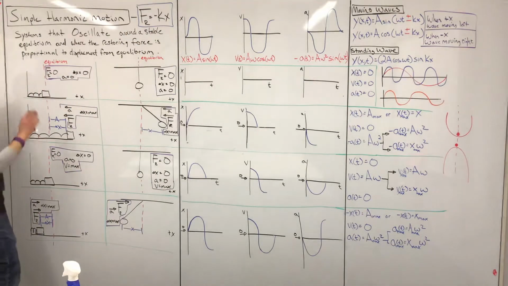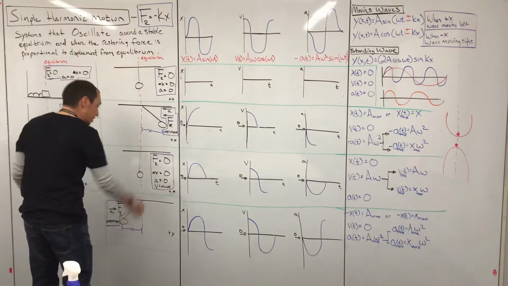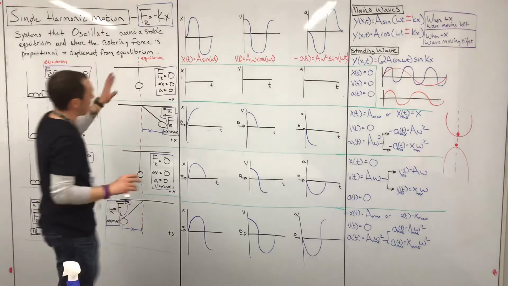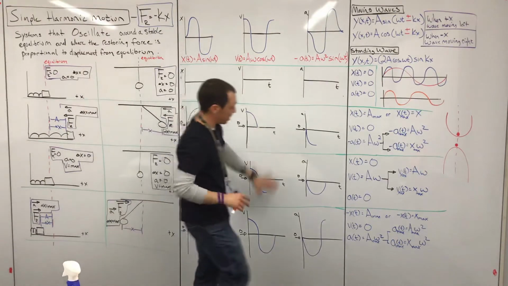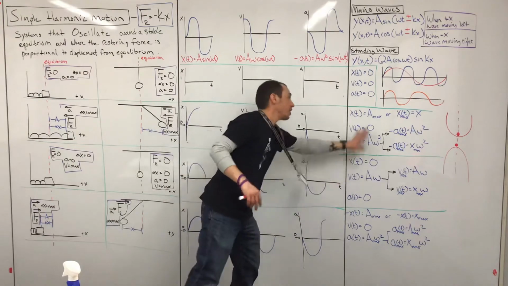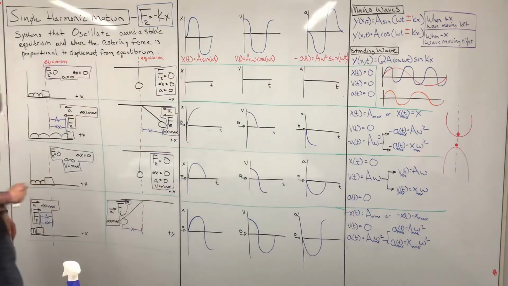When we look at these two systems, we have to be able to describe certain points on them, but also describe them in terms of a graph and in terms of equations as well.